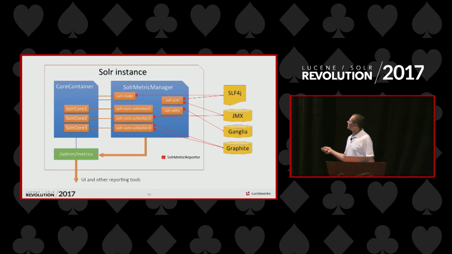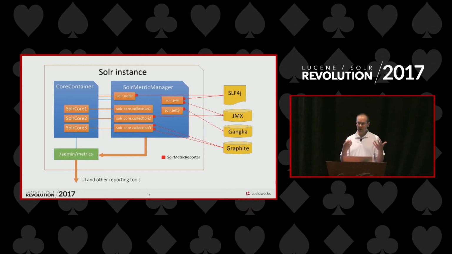These funny little red boxes represent something that is called Solr metric reporter. This is the component that is responsible for actually reporting these metrics to external systems, which is quite important because some systems don't work well with the pull model. Using the admin metrics handler, which is shown here, you can access all of these metrics, but you have to actually pull them.